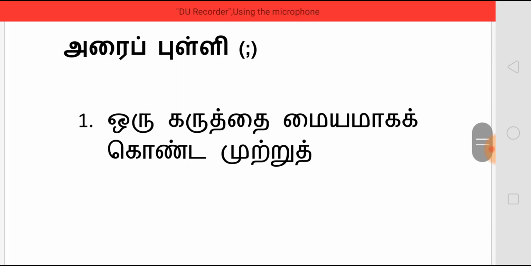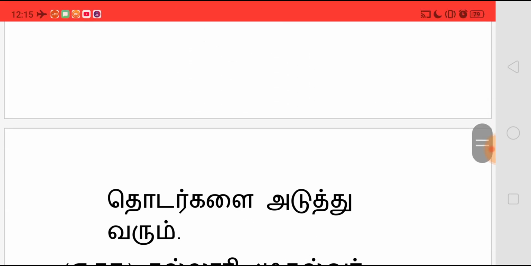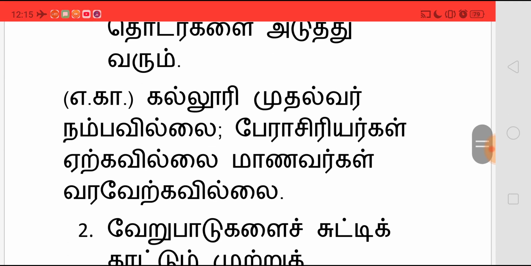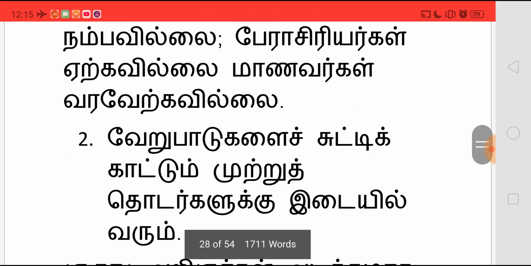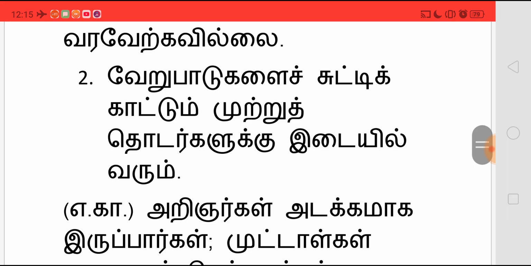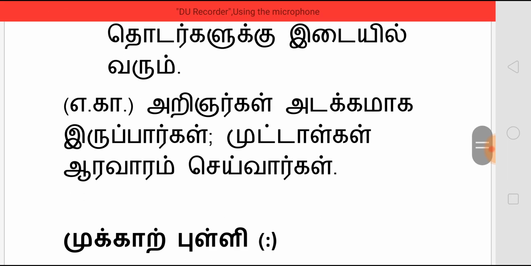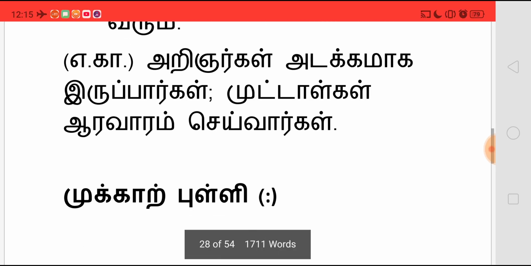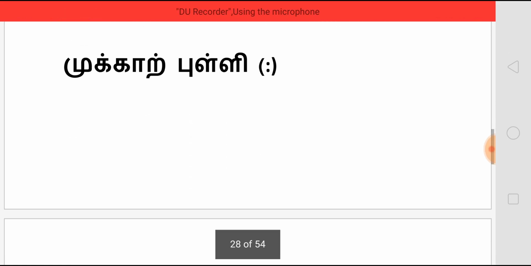Now, Araikuli. When we are telling about one particular piece of information, this will come. கல்லூரி முதல்வர் நம்பவில்லை, பேராசிரியர்கள் ஏற்கவில்லை, மாணவர்கள் வரவேற்கவில்லை. When we are giving contrasting information, we will say like this. அறிஞர்கள் அடக்கமாக இருப்பார்கள், முட்டாள்கள் ஆரவாரம் செய்வார்கள். Then we have Mukkarpuli.